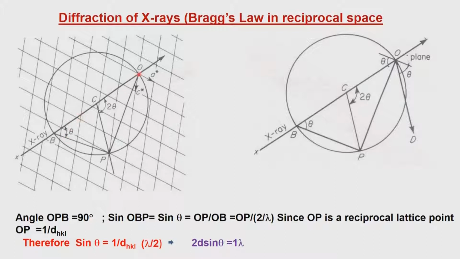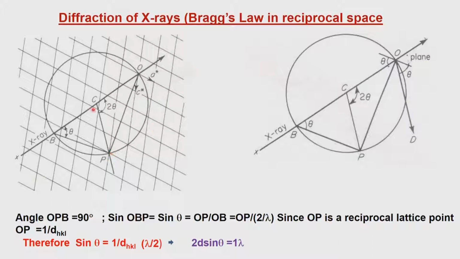So, what we are now looking at is the sine of OBP. It will be OP, which is this distance from the reciprocal lattice origin, divided by the diameter of this Ewald sphere, Ewald circle, which is equal to 2 divided by lambda. So, it will be OP divided by 2 divided by lambda. Now, OP, by definition, is a reciprocal lattice point that is cutting this Ewald sphere.